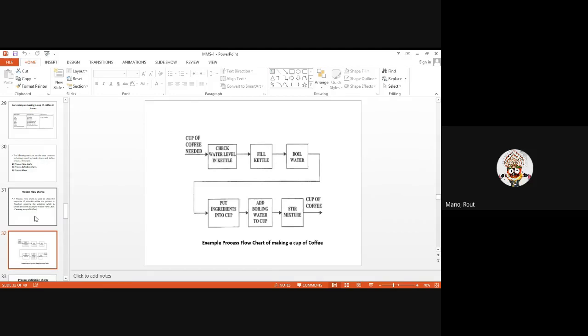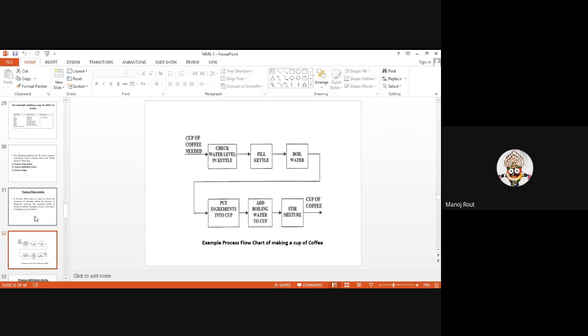First, a cup of coffee is needed by the customer, by the number of consumers. In that case, check the water level in the kettle, fill the kettle, boil the water, put the ingredients into the cup, add boiling water to the cup, stir the mixture, and finally you get the cup of coffee. So this is the typical example of a process flow chart for making a cup of coffee.